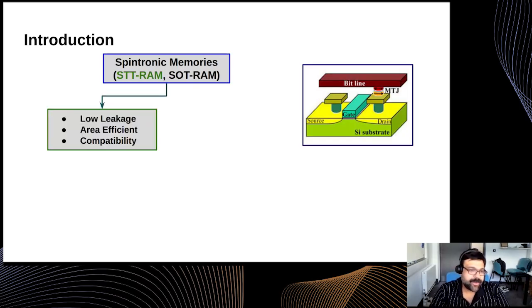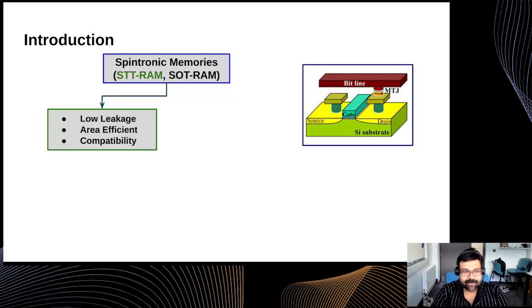Specifically, when comparing spintronic memories or STT-RAM with the conventional SRAM design, because of the lower number of transistors, these RAMs have lower leakage power and are also highly area efficient. From this diagram, you can see that the large size is used for the transistor, whereas the MTJ is really small.